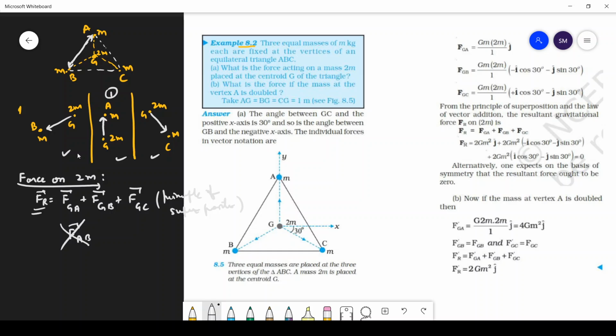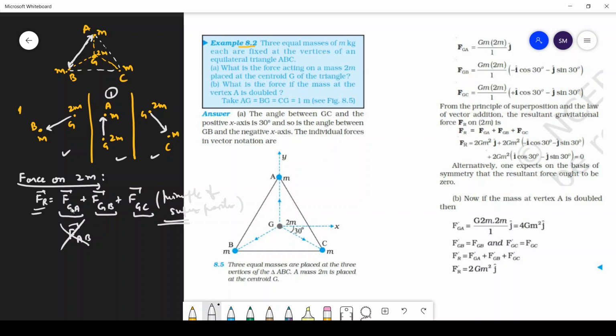There's no impact of any other particle present over there. So that is the principle of superposition. We can add these individual forces; this GA, this GB are not impacted by any other forces. Even GB is not impacting GA or GC. They are not impacted by the presence of other masses.